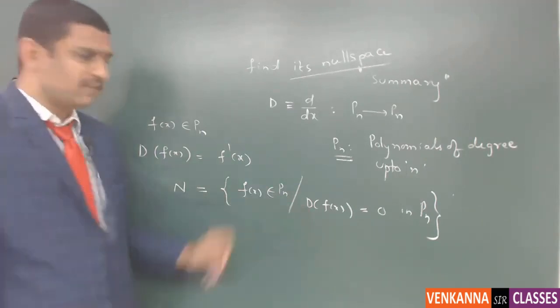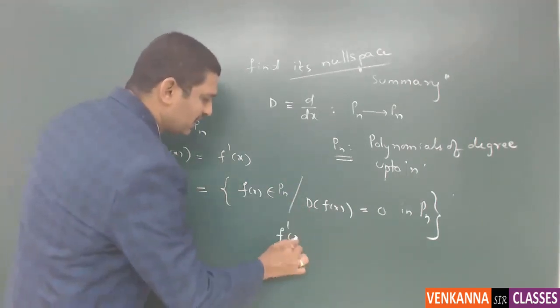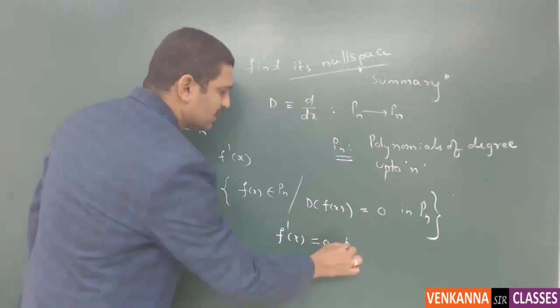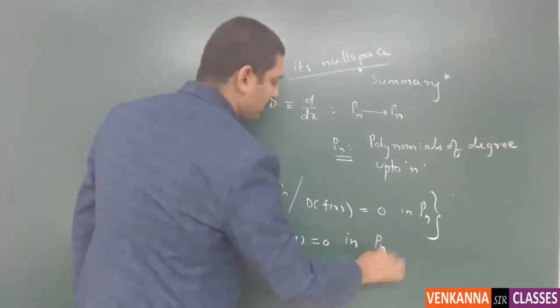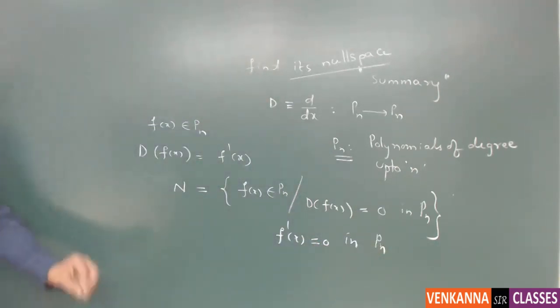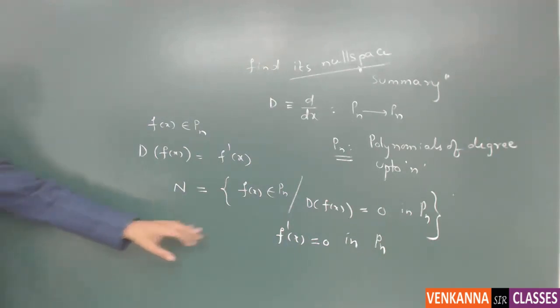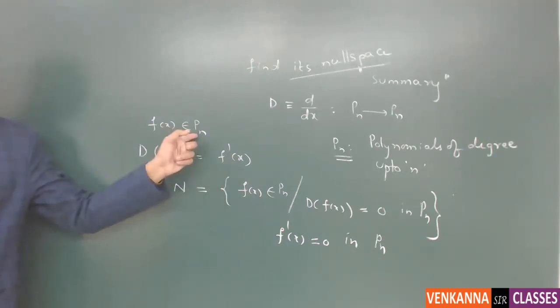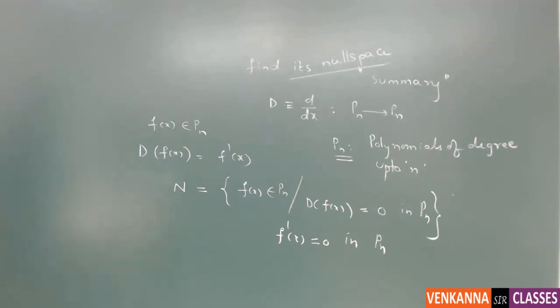Since d stands for derivative, f dash of x must be equal to 0. That means the 0 polynomial in Pn. So from this, what could be the choice of f in the domain Pn? Can you say?